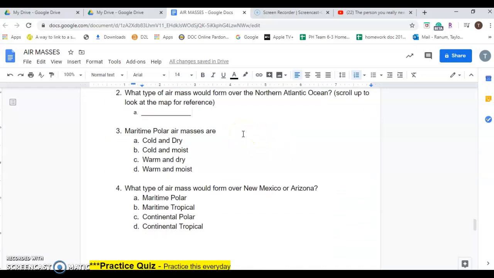Number 3, maritime polar air masses are either A, cold and dry, B, cold and moist, C, warm and dry, or D, warm and moist. Again, we've been studying what maritime and what polar mean.